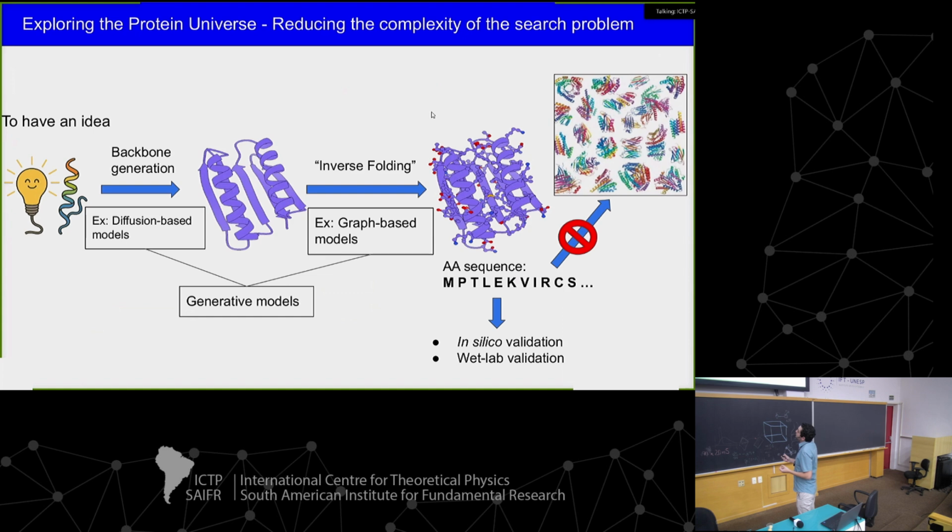And then, from this backbone, you generate a sequence that folds to this backbone. But your sequence cannot fold into other alternative states, other foldings. You want a sequence that only folds with appropriate energy to this target fold.